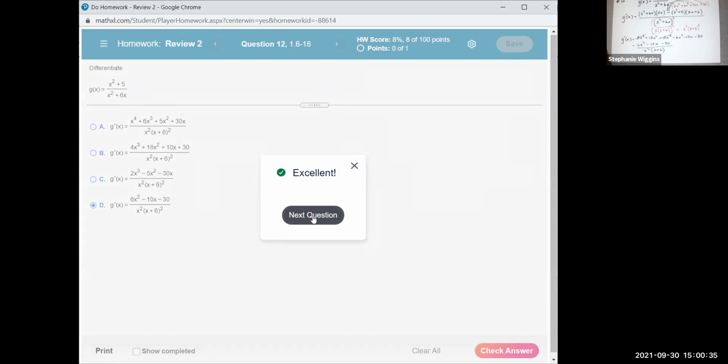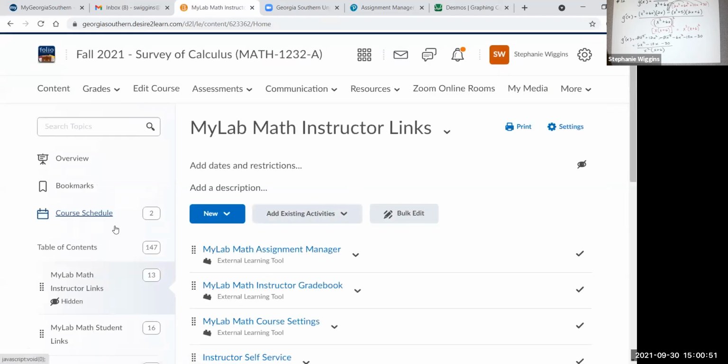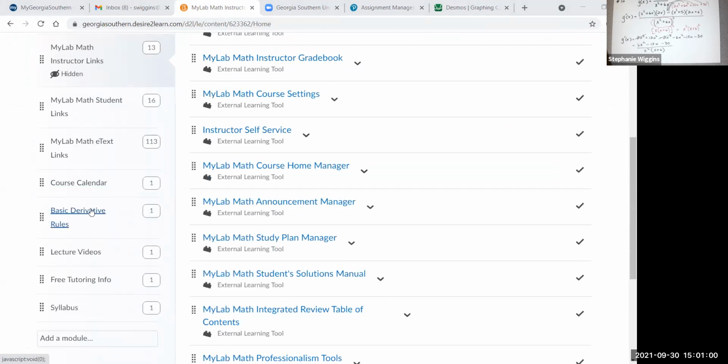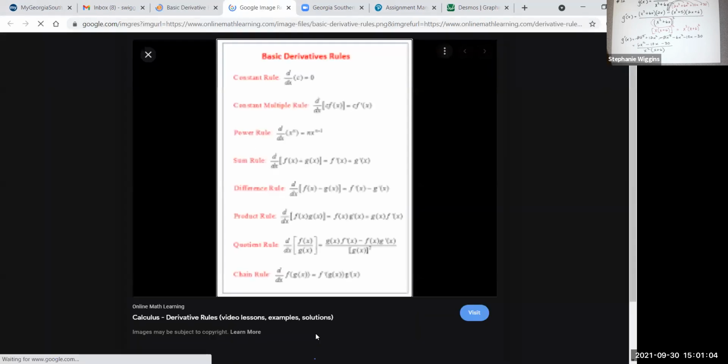Okay, so just make sure you know how to apply the rules. I think in class I've been saying 14 rules. They're actually 12 because there are 8 on that first page. And let me just go over that again. If you go into Folio, here in the content section of Folio, let's see if I'm sharing the right screen. Looks like it. Okay. Scroll down here, basic derivative rules. Here's the link.